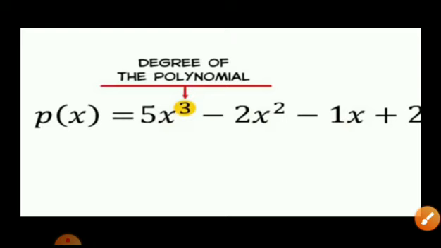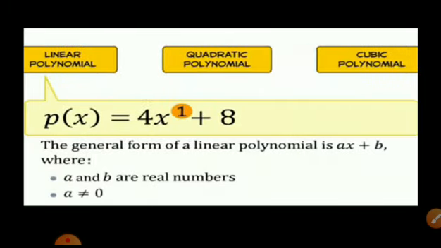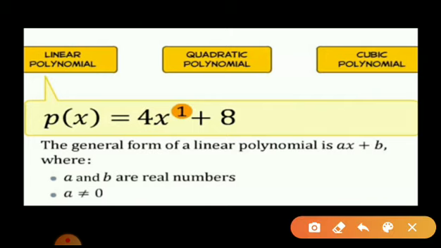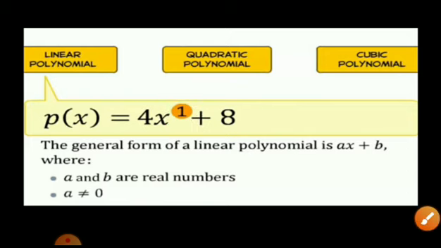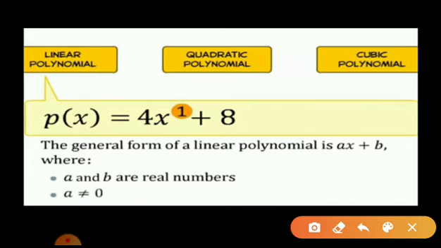Now according to the degree of polynomials, there are 3 types of polynomials. First is the linear polynomial. A polynomial is linear if the degree of the polynomial is equal to 1, that is, the maximum power of the variable should be 1. The general form of a linear polynomial is ax plus b, where a and b are real numbers and a is not equal to 0.